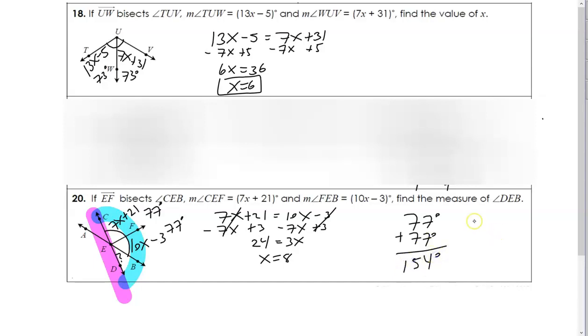So all we do now is we know that this angle here is going to be 180 minus 154. So that's 26 degrees. So the measure of angle DEB equals 26 degrees.